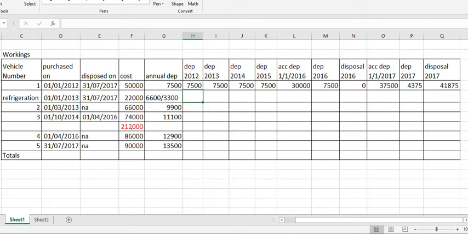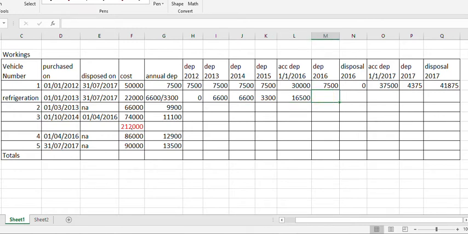Refrigeration unit. So we dispose of the refrigeration unit with vehicle 1. So that was bought on the 1st of the 1st 2013. So 2012 we didn't have it. 2013 we had it for a full year. Remember, the first 2 years 6,600, so that's year 1. 2014 6,600, 2015 3,300, which will give you an accumulated depreciation of these three numbers added together, 16,500.